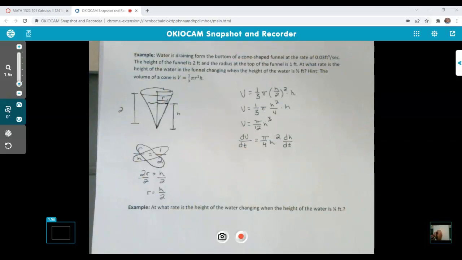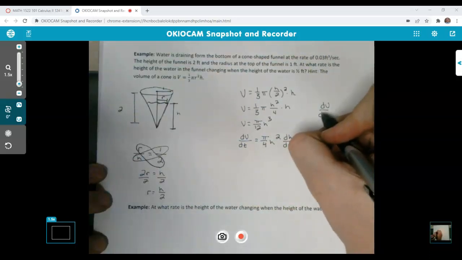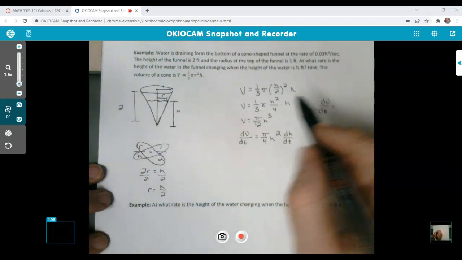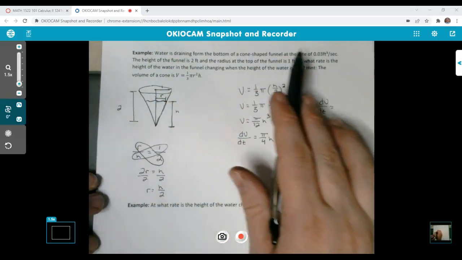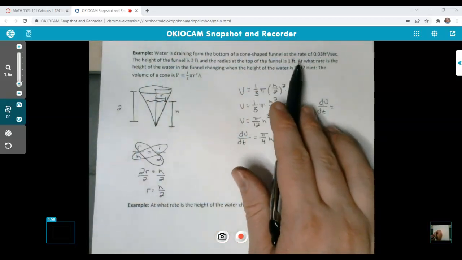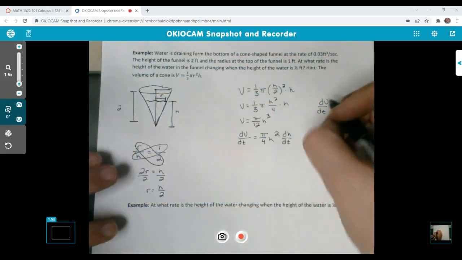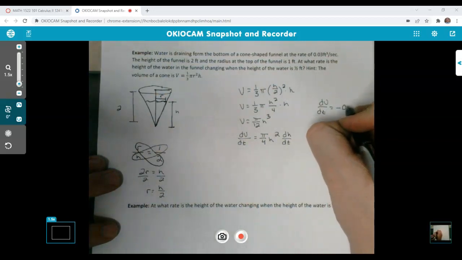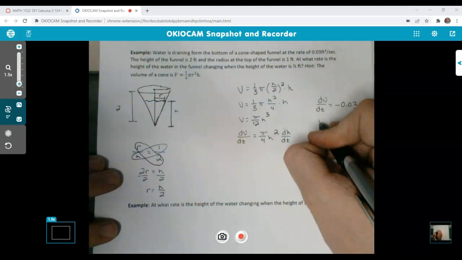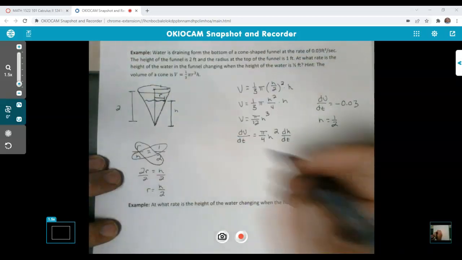So I need something to plug in for dV dt. Well, it says the volume is going to pour out at a rate of 0.03. Since it's pouring out, my rate of change is negative. And then I need something for the height, and we said right here our height is 1/2. So I can plug everything in.